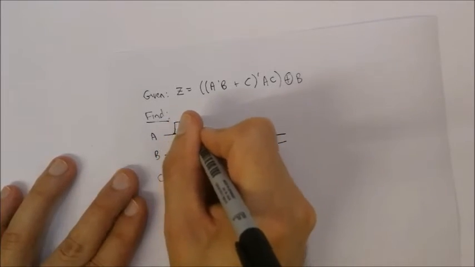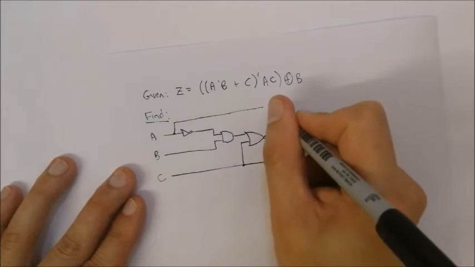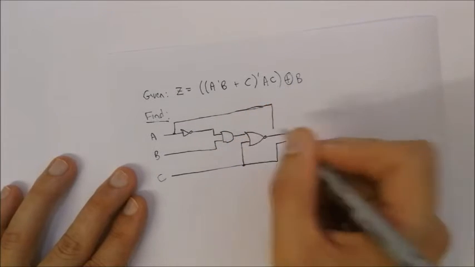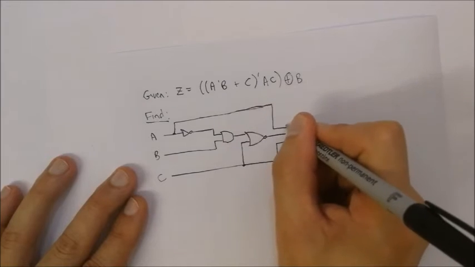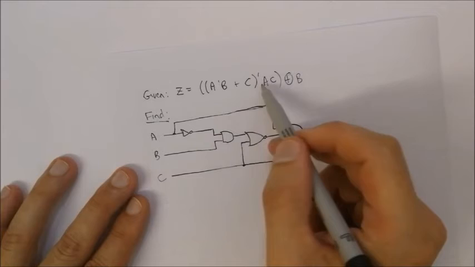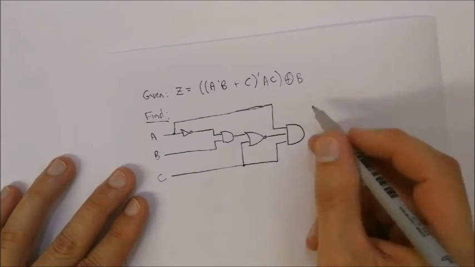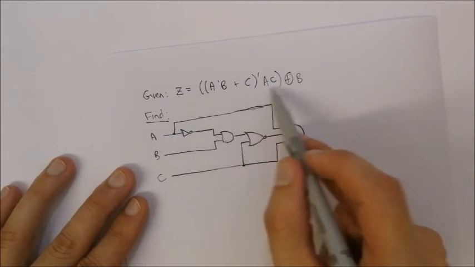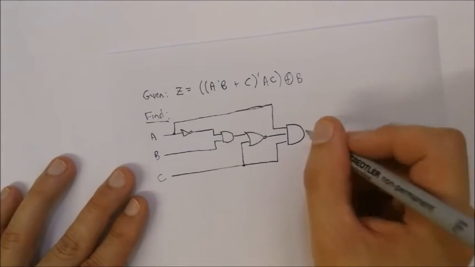We can tap off there, bring it across as such. Okay, and that is ANDed together. So now we've got that term over there, ANDed with A, ANDed with C. Now the output of that whole expression, which is in the final brackets, gets XORed with B.